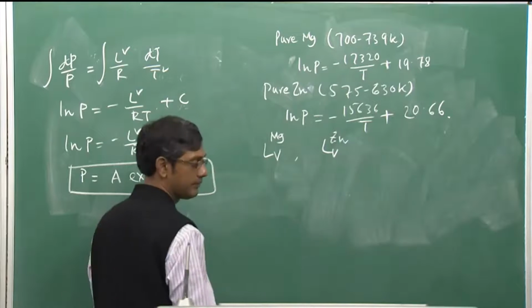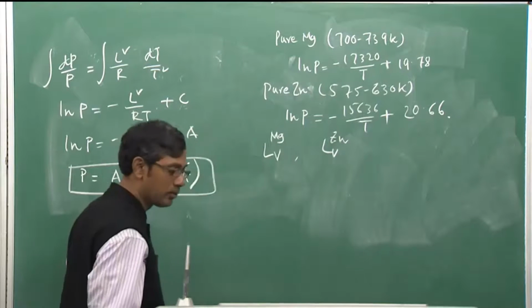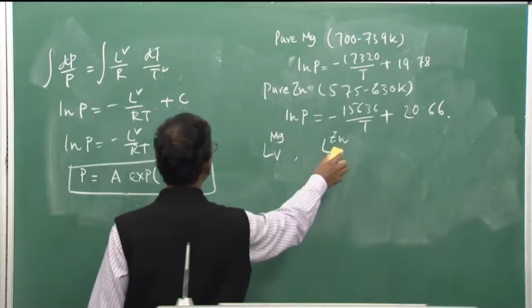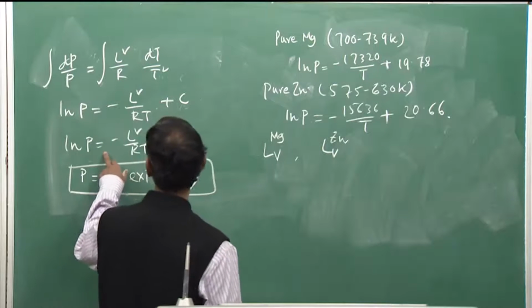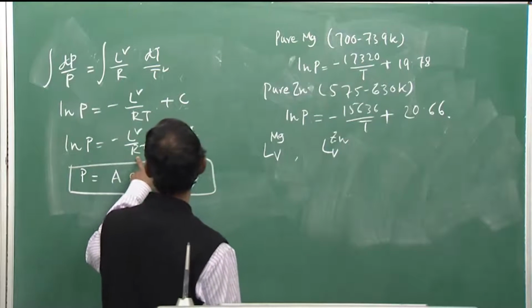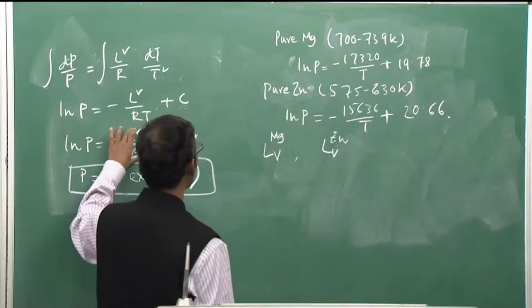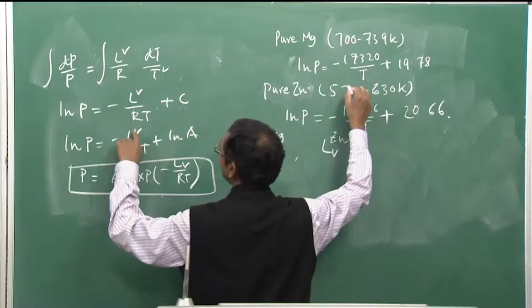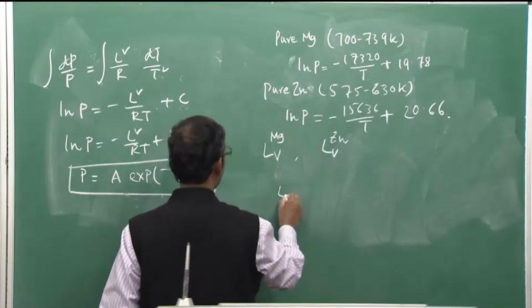How will you do that? It is very simple, anybody can do that. I have to compare this expression with this one: log of pressure is equal to minus LV by RT plus log of A. So the term 17,320 by temperature corresponds to LV by RT. Let us do magnesium first.